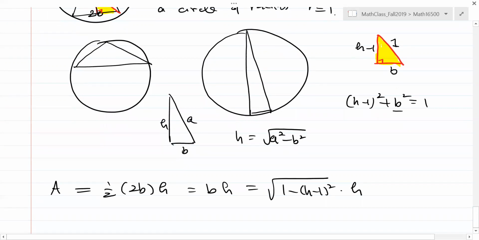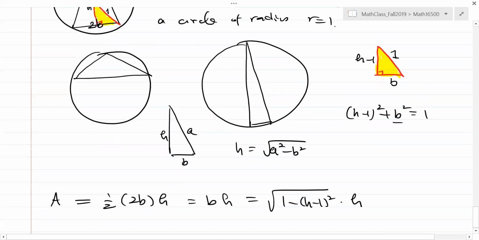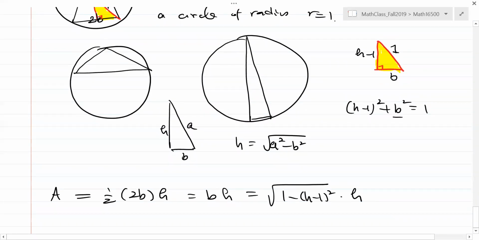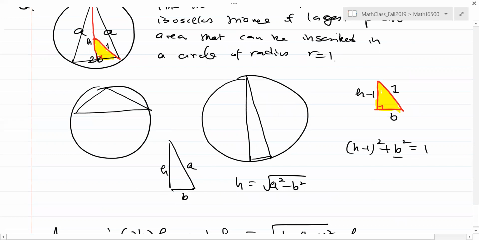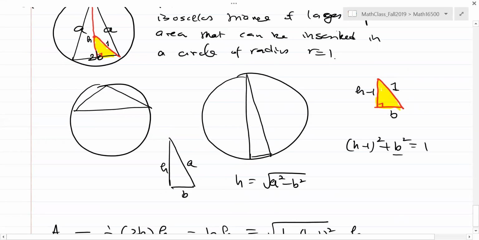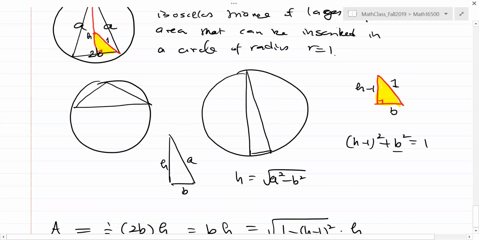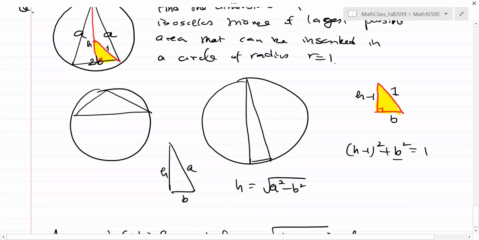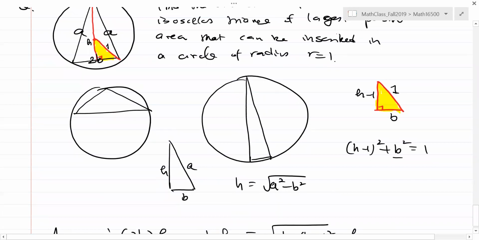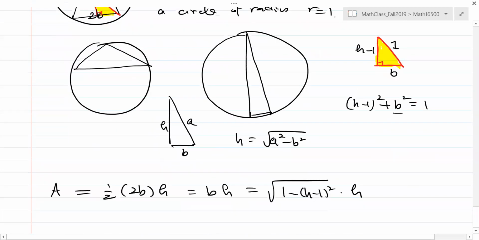Okay, and what is the possible range for h? I think h is always greater than 1, right? Yeah, h is greater than 1. h is less than 2. So there are some values for h. Okay, h is definitely greater than 1 and less than 2, from the picture.